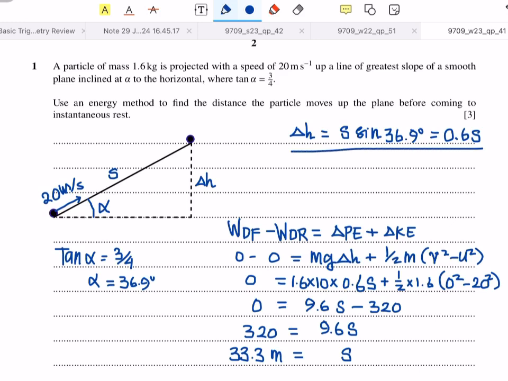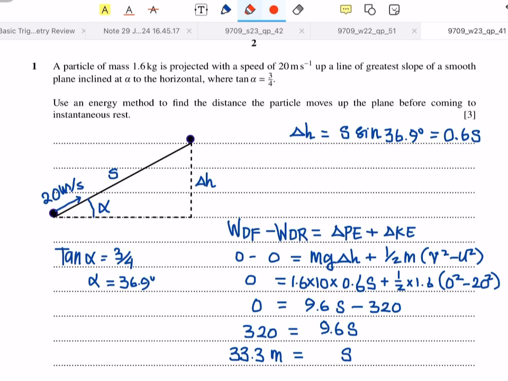First, we find delta H. Using trigonometry, delta H is S times sine 36.9 degrees, which is equal to 0.6 S. And then we apply the energy conservation law.